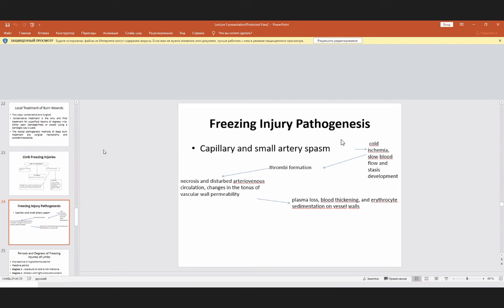After the spasm and stasis, thrombi begin to form, which results in necrosis and disturbed arteriovenous circulation, changes in the tonus of the vascular wall and permeability due to the impaired tissue nutrition.